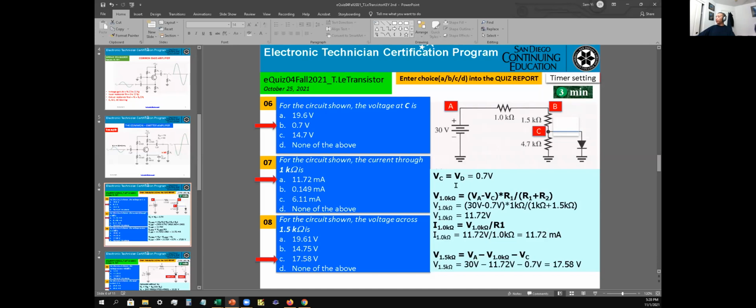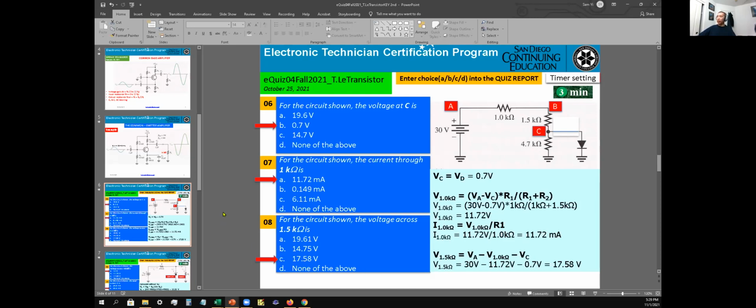So we know that the voltage applied to here is just the 30 volts minus the voltage drop over this one, and that gives you the value at point B. Then point B minus the voltage over point C gives you the voltage drop over the 1.5. So that's why 30 minus the 11.72 minus the 0.7 volt of the diode yields about 17.58 volts as your output. So the answer is C for number 8.